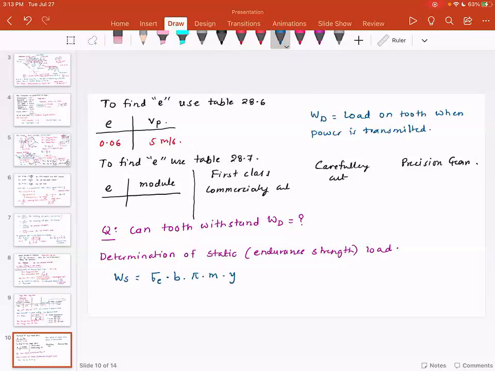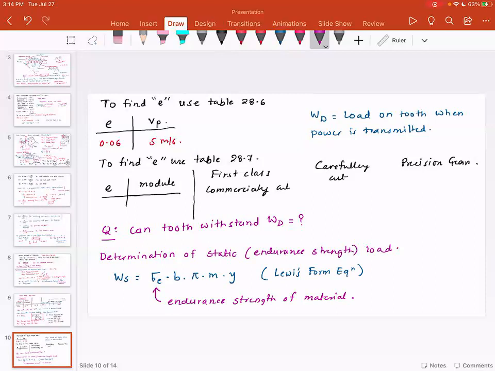This is the same as the Lewis form equation from beam strength. The only difference here is sigma E is the endurance strength of the material.